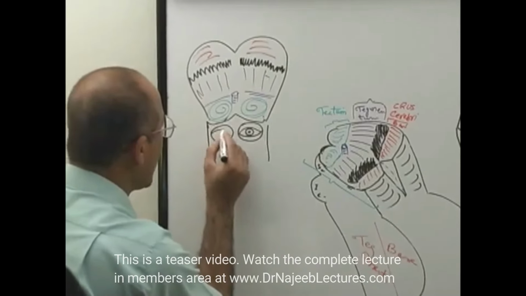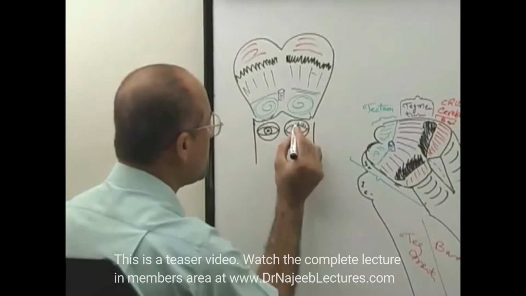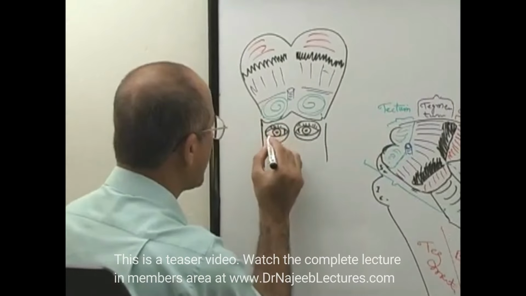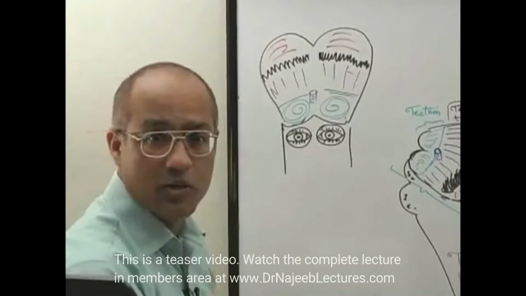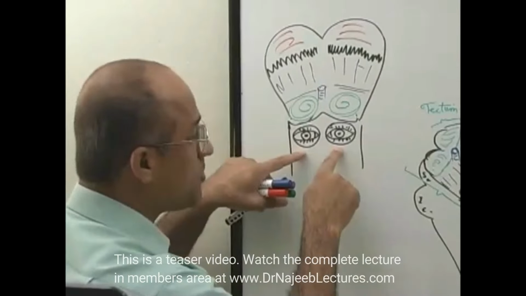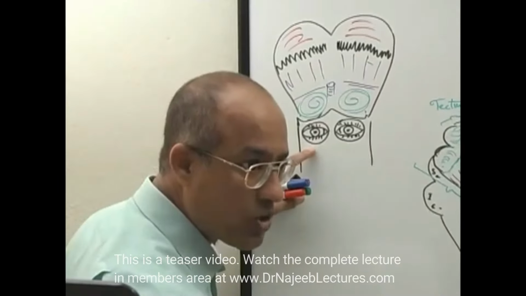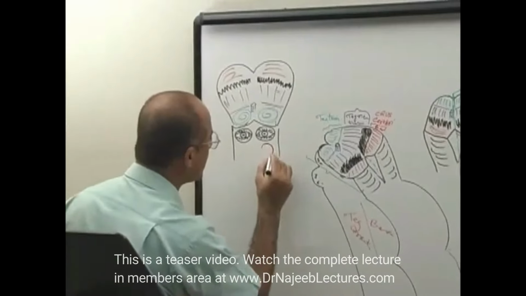Of course, there are not eyes on the back of the brain. I just want you to remember. I've just made eyes so that you remember that this is basically concerned with the visual system. And what was this?